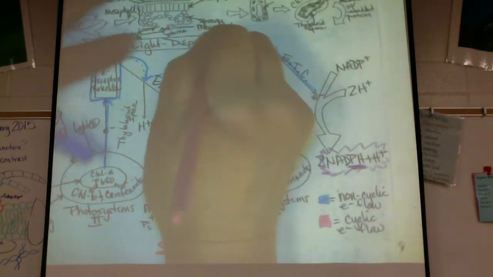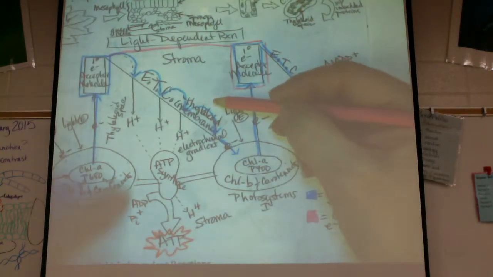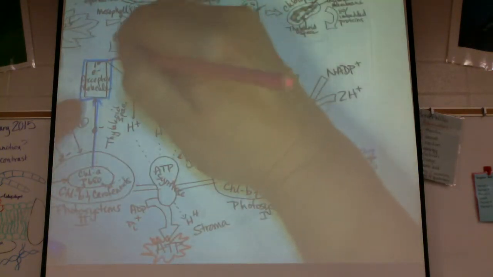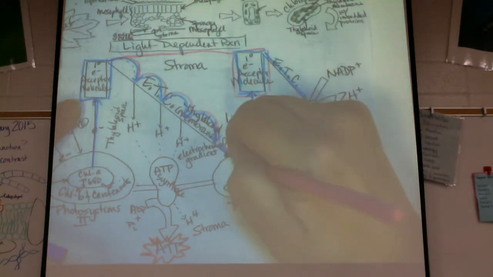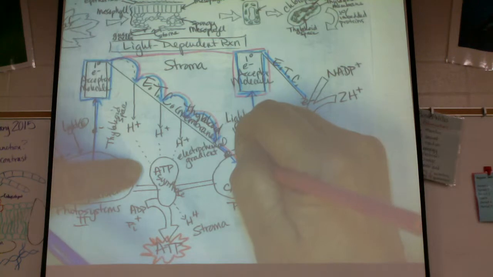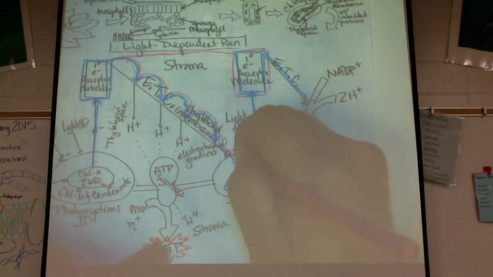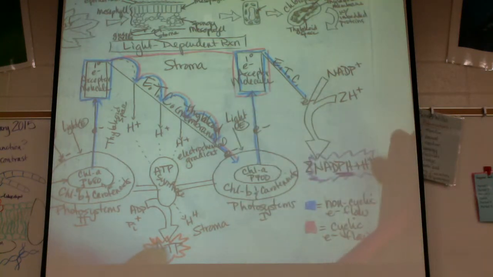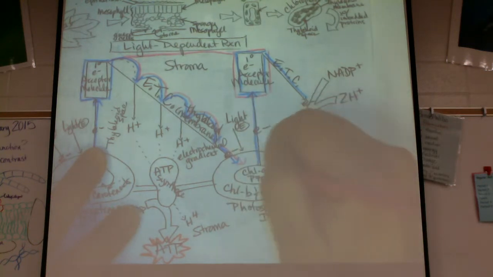It actually goes back to the electron transport chain that was used in photosystem 2, and it gets transferred from these kinds of molecules again.